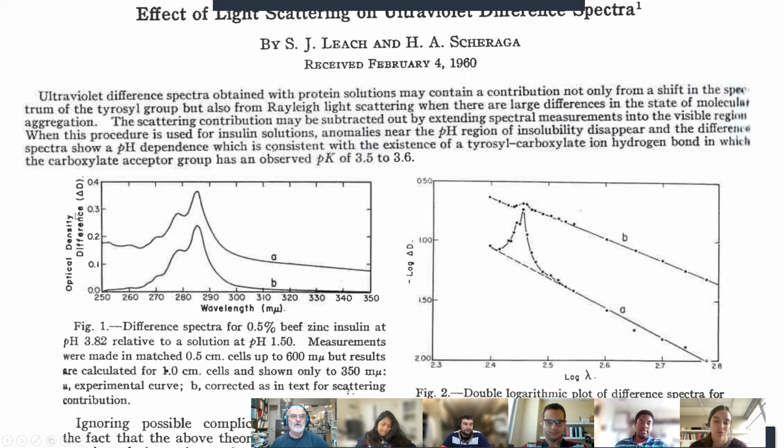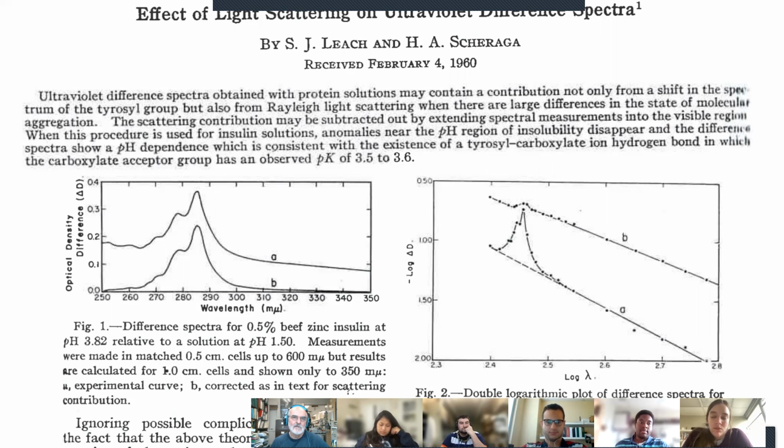They're actually comparing this by a difference method. And you can see that there's a lot of absorption out here, but there shouldn't be, because there's no chromophore in the protein that should be absorbing at 350.